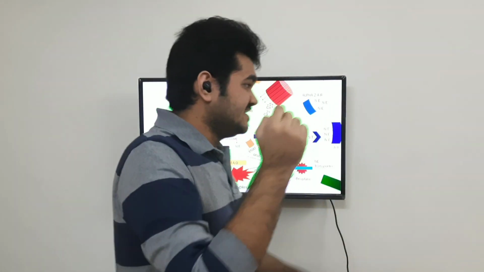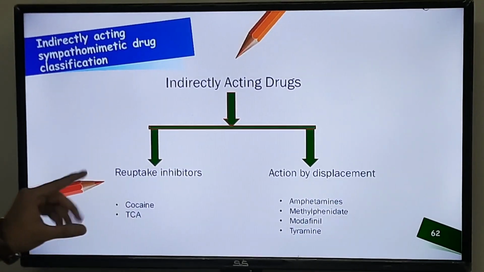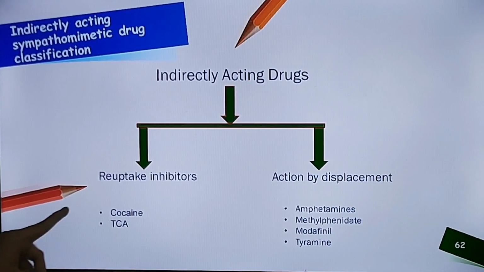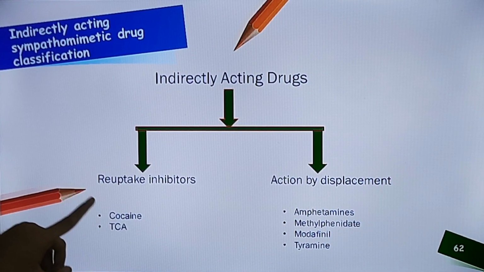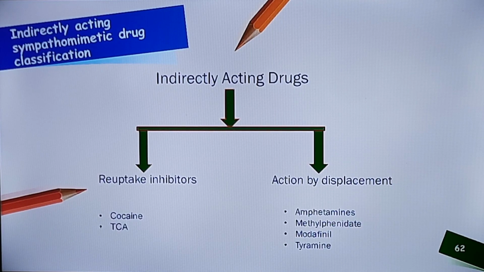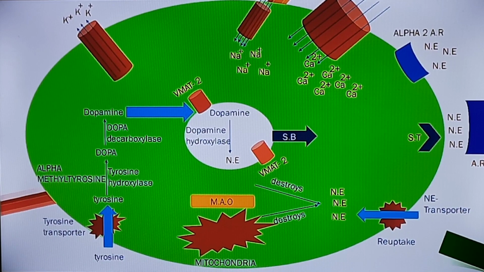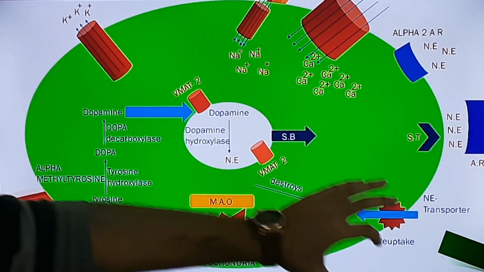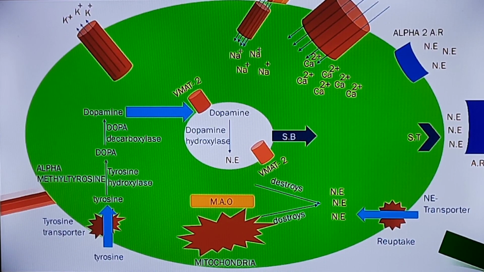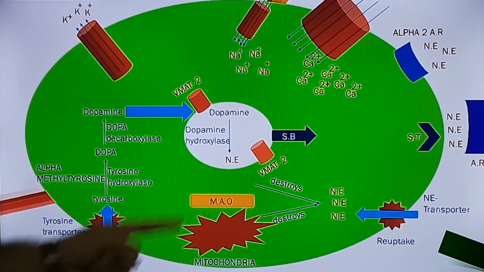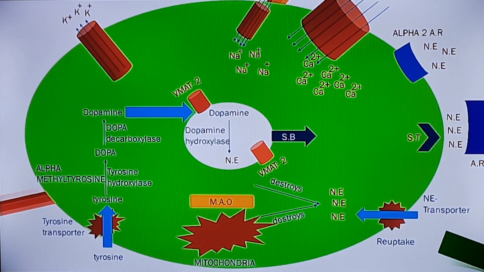So such drugs which work as reuptake inhibitors are cocaine and tricyclic antidepressants, which we also call TCA in short form. What will these drugs do? They will bind here and block our norepinephrine transporter, and because of that the concentration of norepinephrine will be increased.